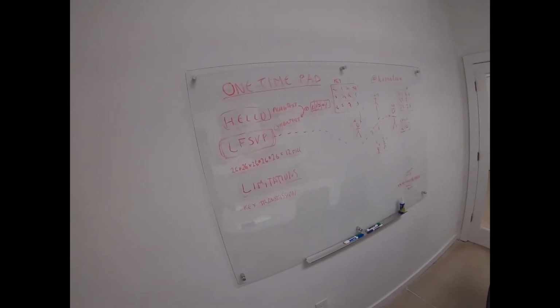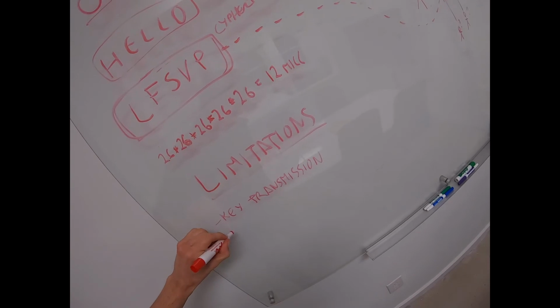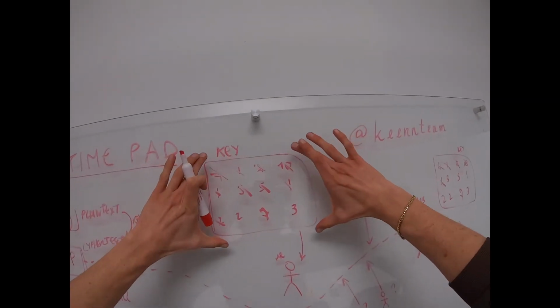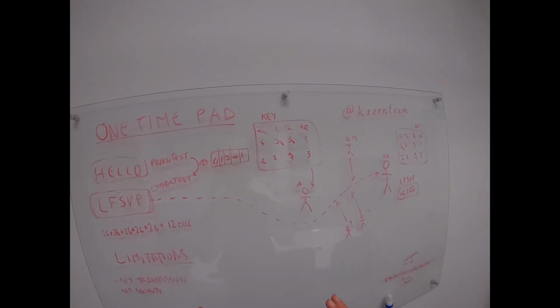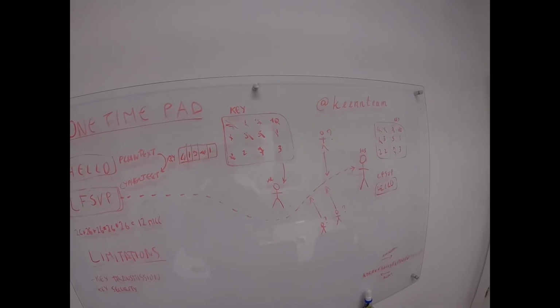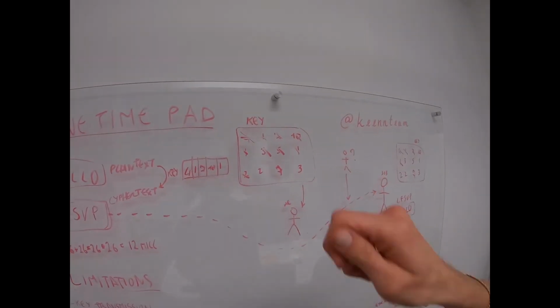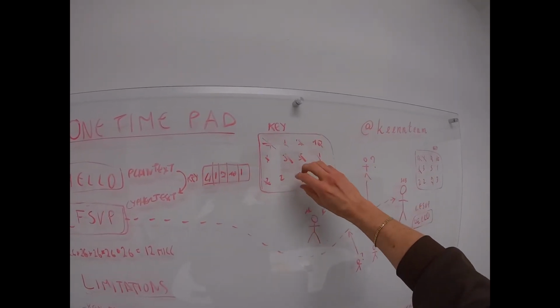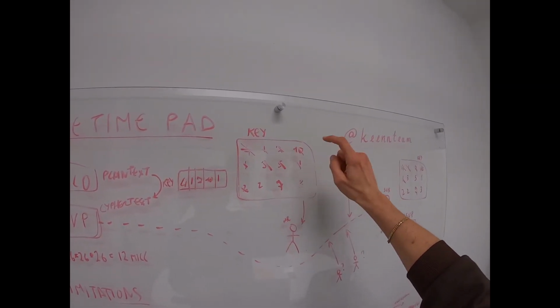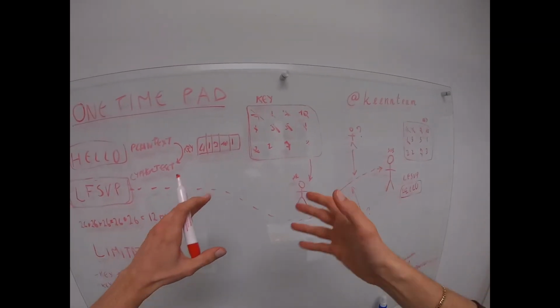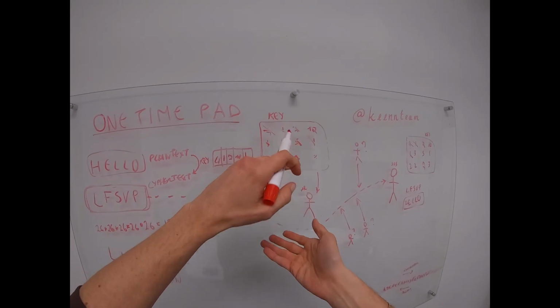Then the next limitation is the security of the key. Once I receive my key, my one-time pad, I need to make sure it stays safe. If I lose one sheet, or if I'm drinking coffee and I spill coffee and this letter becomes blurry and I cannot read it, then my whole, even if it's one little page in a whole stack of one-time pads, then the whole thing.